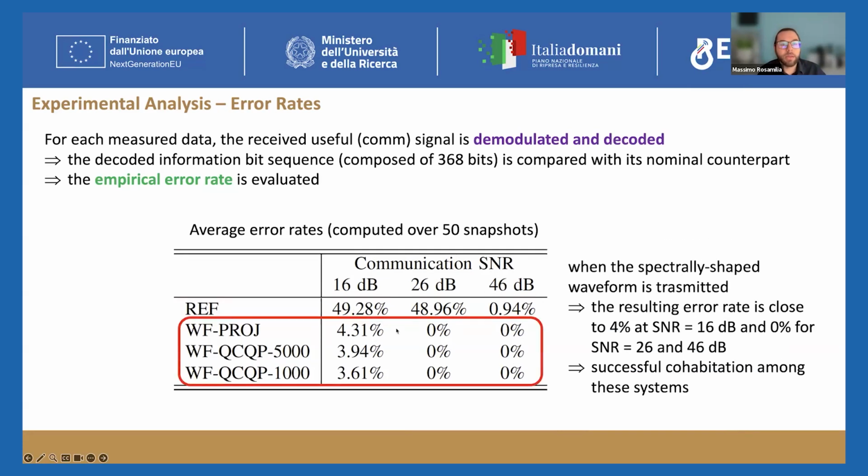However, when one of the spectrally shaped waveforms is transmitted, then the resulting error rate is close to 4% when the communication SNR is 16 decibel, and it is 0% when a higher SNR is considered. So this actually proves the successful cohabitation among these systems.